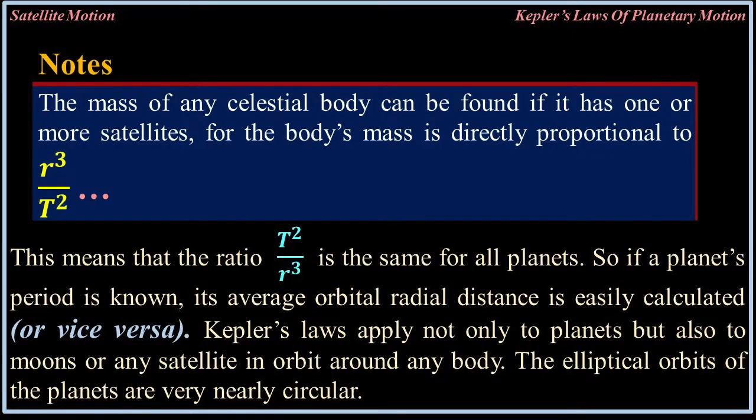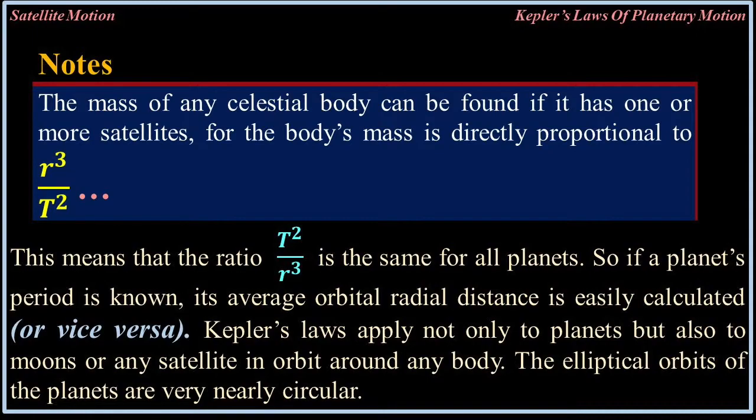The mass of any celestial body can be found if it has one or more satellites, for the body's mass is directly proportional to r cubed over T squared. This means that the ratio T squared over r cubed is the same for all planets.